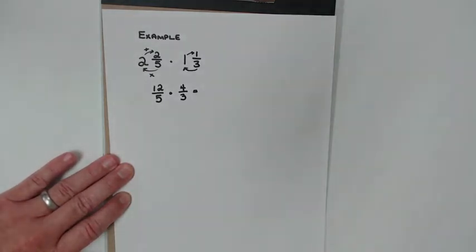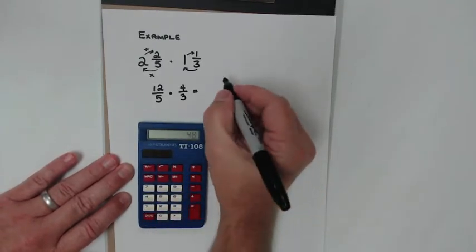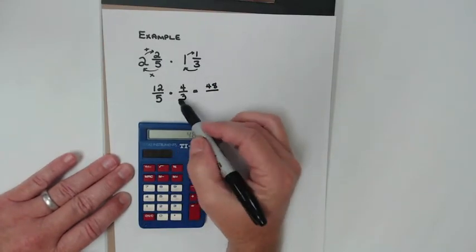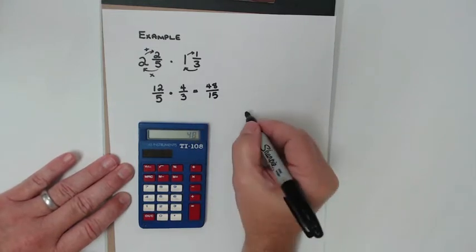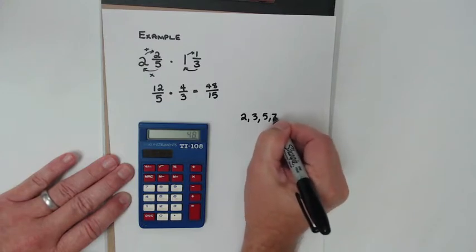Next I multiply the top numbers and then the bottom numbers. 12 times 4 is 48, and 5 times 3 is 15. Again, I need to use these prime numbers to see if I can simplify this.